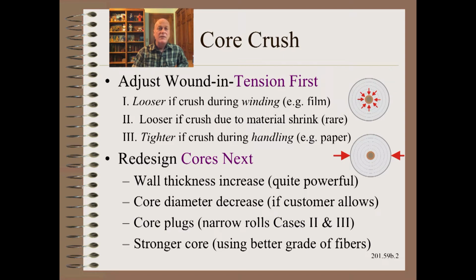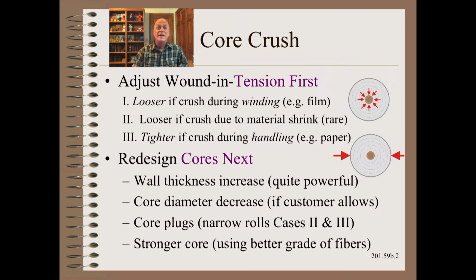Type 3, for example, is totally different. The core gives way due to handling stresses and occurs during handling, not winding. Type 3 is totally different because you don't want to wind looser.